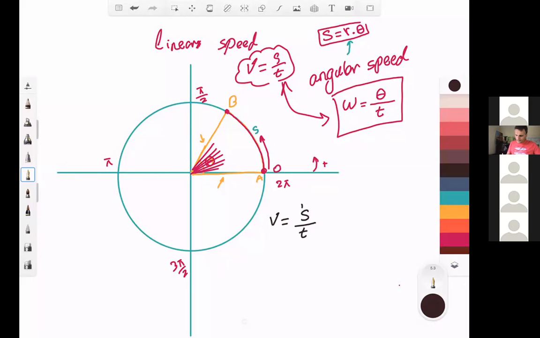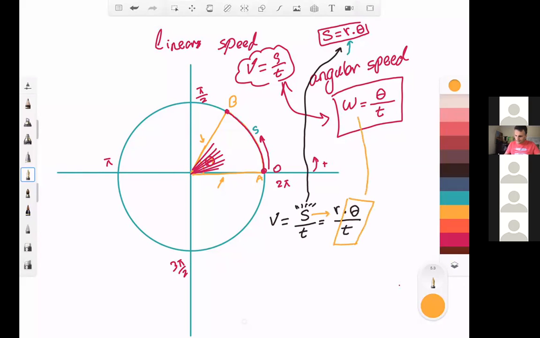This S here, we have a formula R multiplied by theta. So instead of S, I'm going to put R times theta, then divided by T. We see theta over time, good?